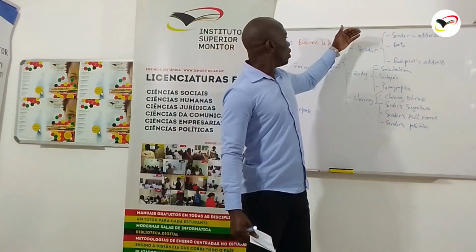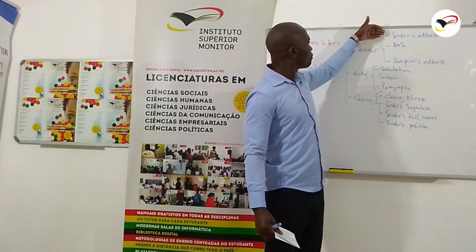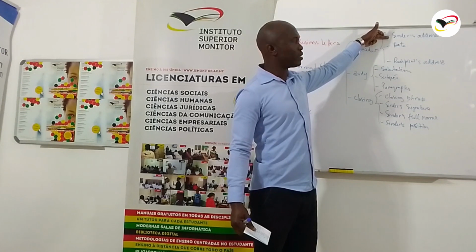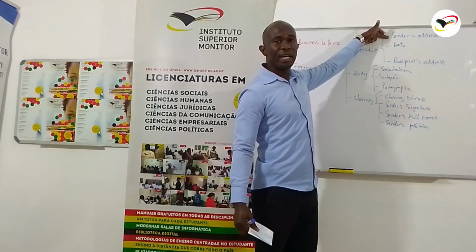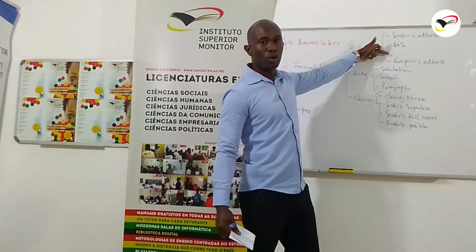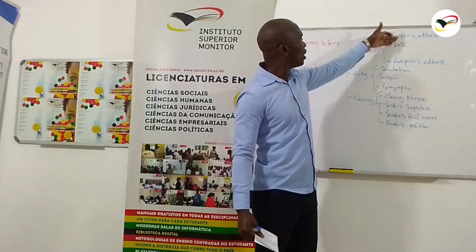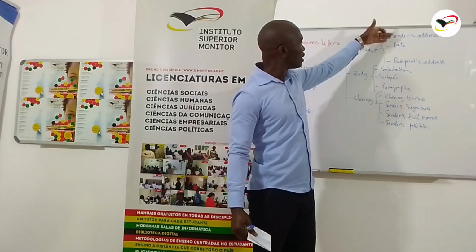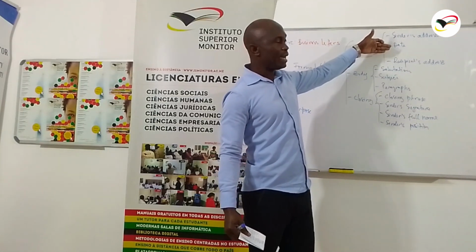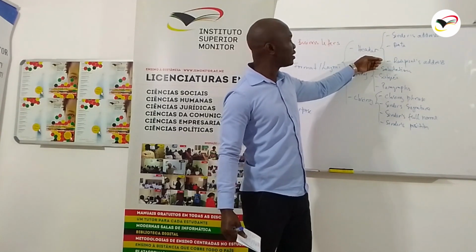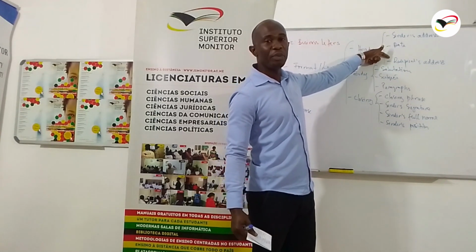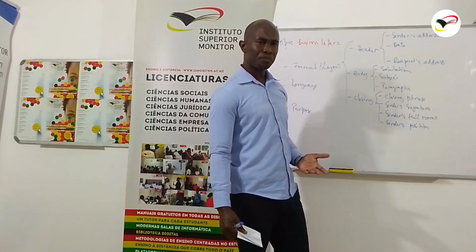So, on the header, we write first the sender's address at the top right-hand corner, followed by date on the same line, and we move to the left part where we put the recipient's address.